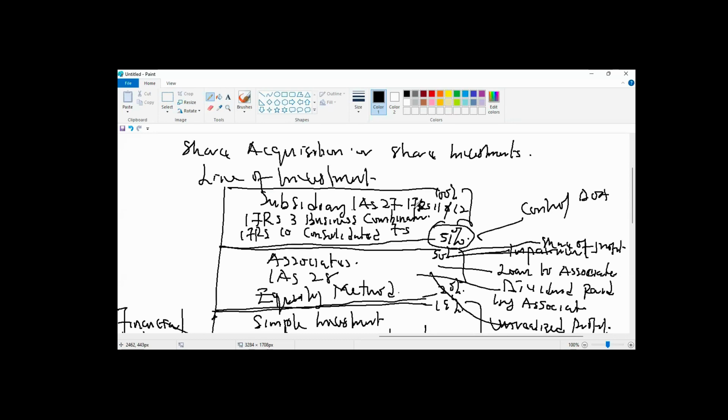If it is joint ventures, it's going to be treated like associates. As for joint operation, we will see later. These are the literal things that we want to do.